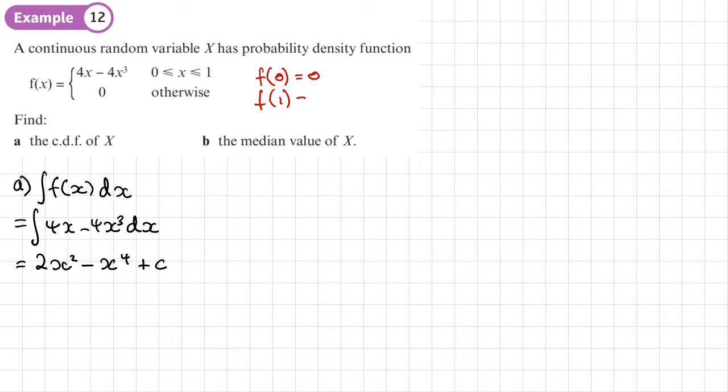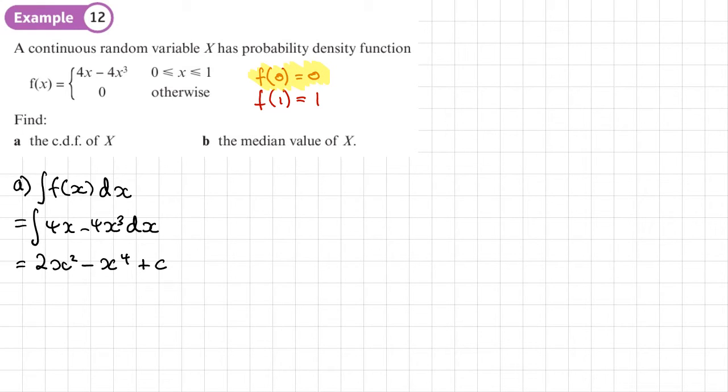Probabilities are between 0 and 1, and probabilities go from 0 to 1. So we know that when x is 1, the probability is 1, or when x is 0, the probability is 0. So let's just use this one, F of 0 equals 0. That's probably going to be easier.